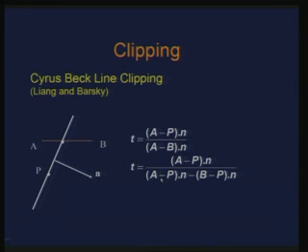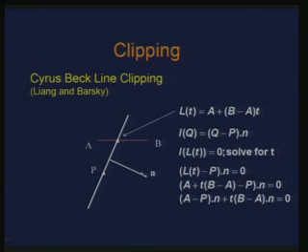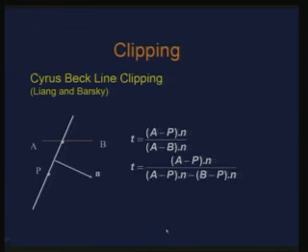Remember that when we were trying to address the question of L(A) less than 0, L(A) greater than 0, now we are basically looking at this (A minus B) dot N, which is the same computation we did.